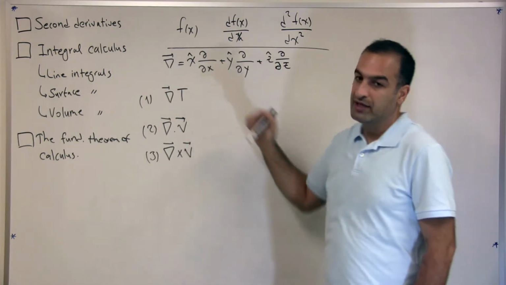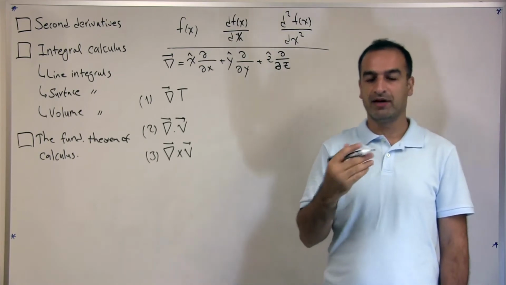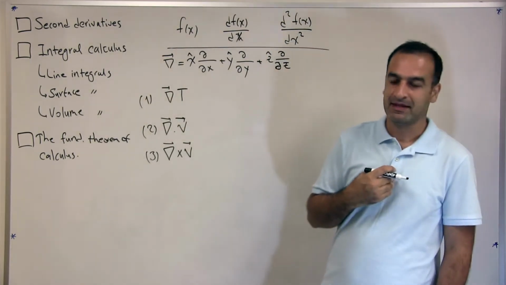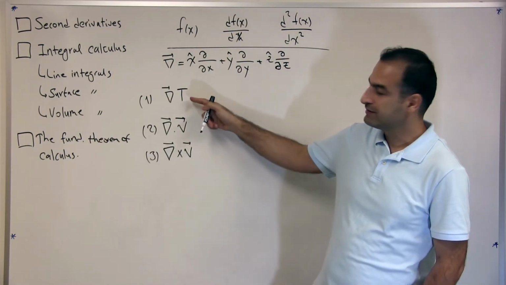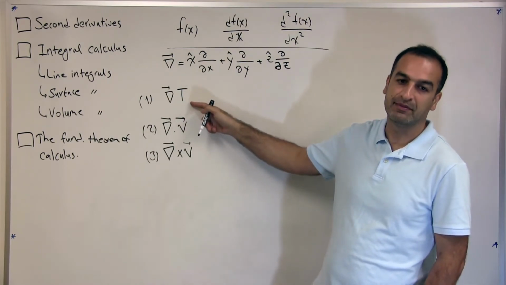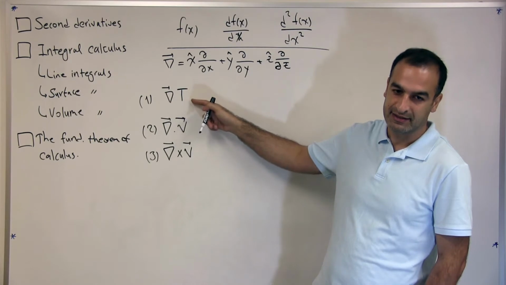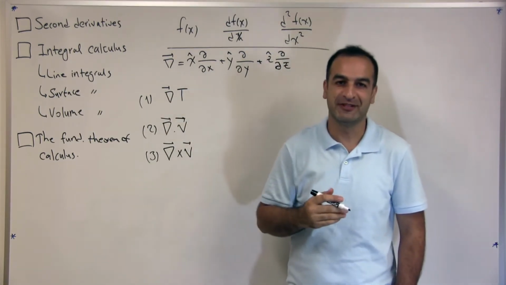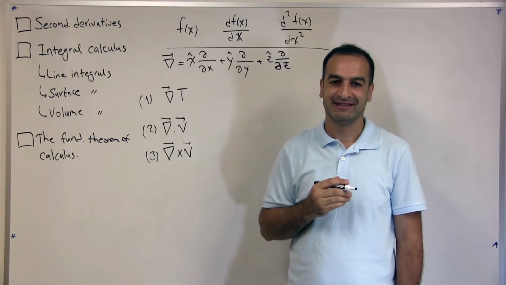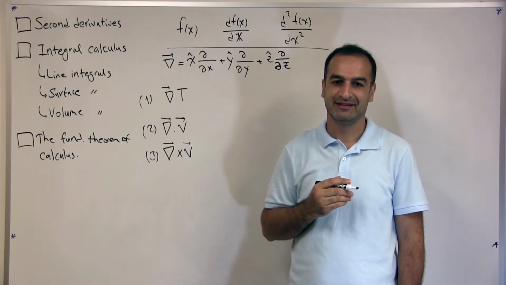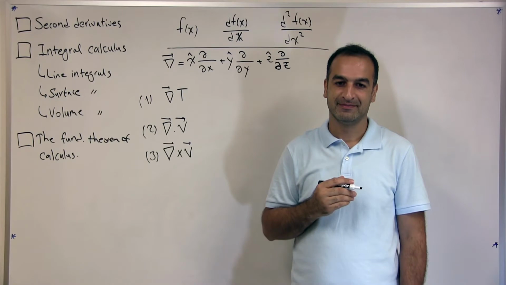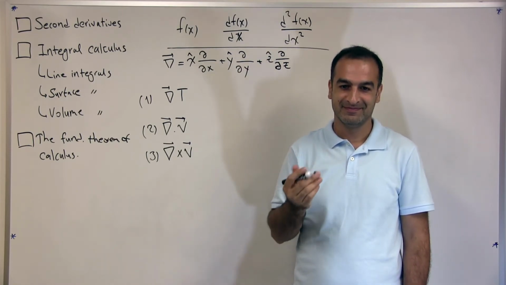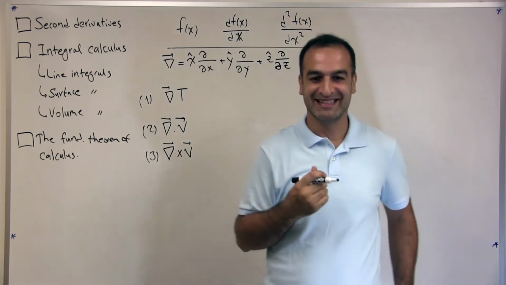Okay, so now think about this. If you want to apply it twice, how many different ways do we have? Let's say we have the gradient of T, and then we want to apply the del operator a second time on the whole thing here. How many different ways can you do that? Say something.